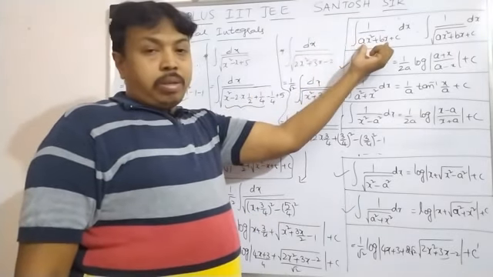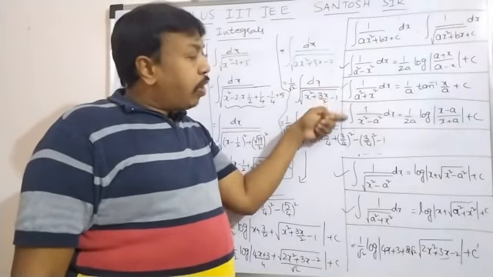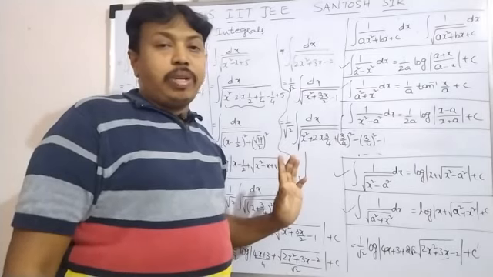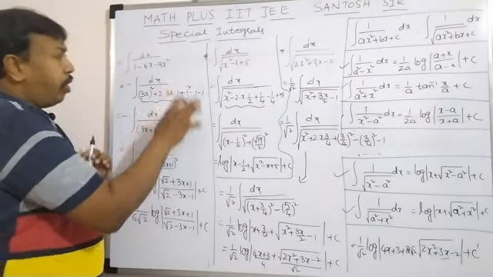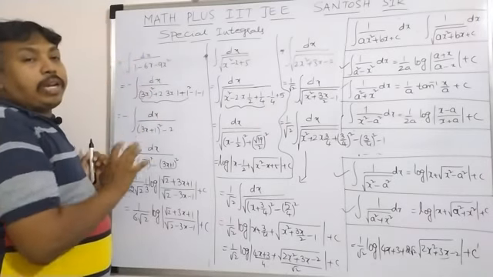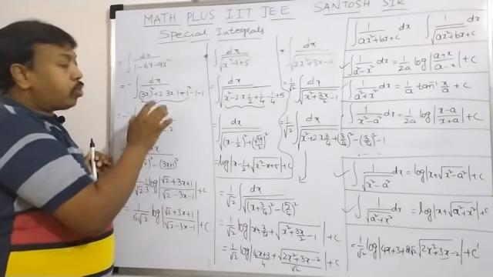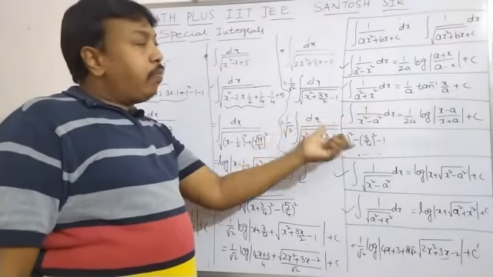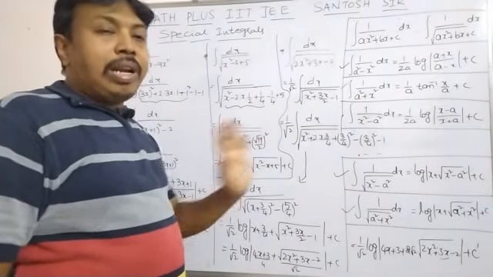For this format we have 3 formulas. For this format, where the under root is given, another 3 formulas we need to use. So everywhere the function should be converted using the completing square method. After converting, according to the suitable formula, we need to apply the formula so that you will get an easy result.